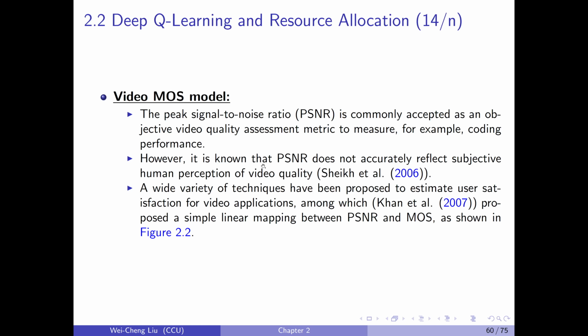However, it is known that PSNR does not accurately reflect subjective human perception of video quality. Please refer to the reference Sheikh et al., 2006.